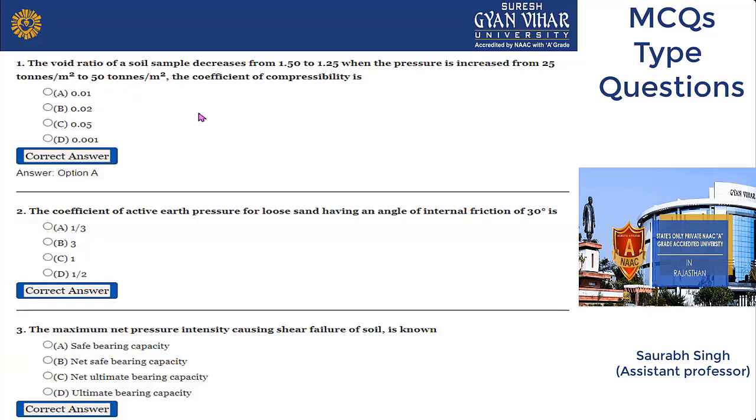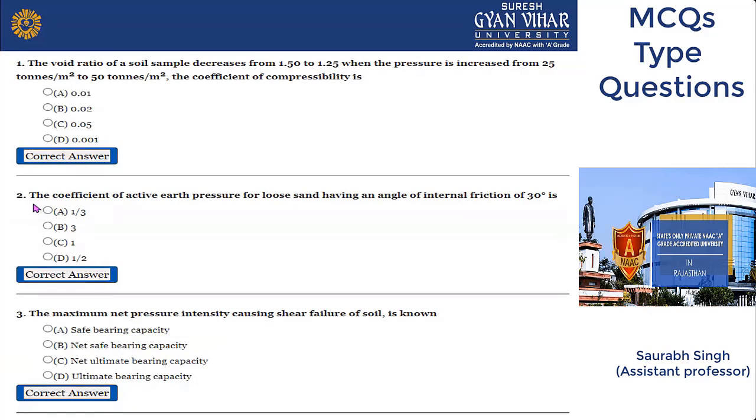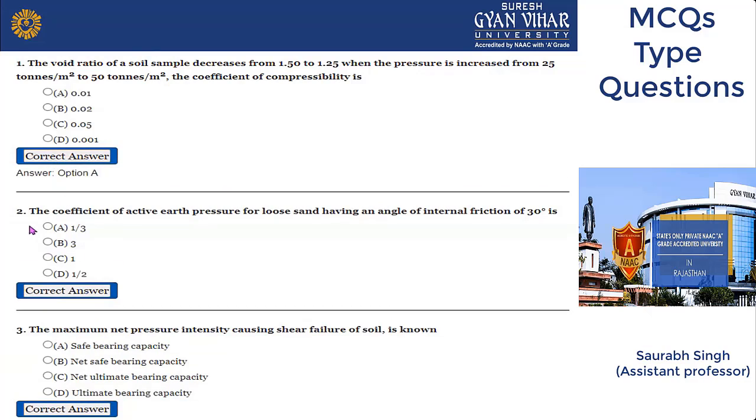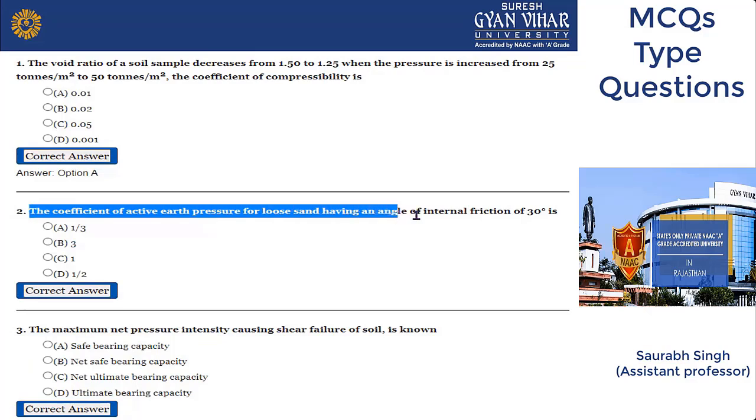Now we will see the second question. What is being asked in the second question? The first one was related to compressibility, and let's see the second question. The coefficient of active earth pressure for loose sand having an angle of internal friction of 30 degrees is. What will be the value?